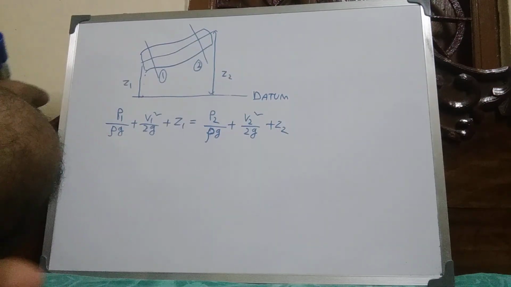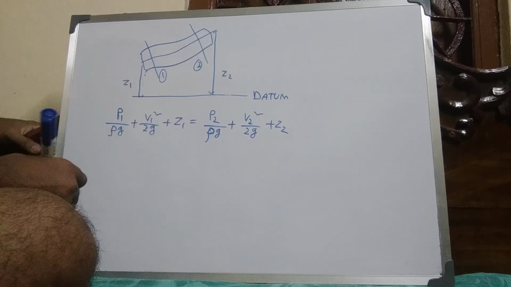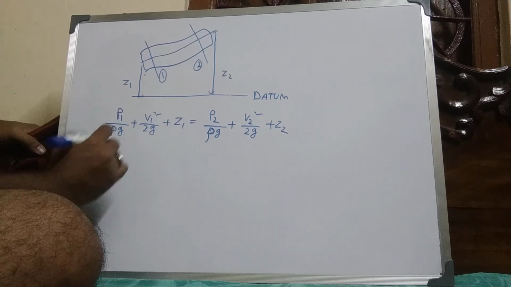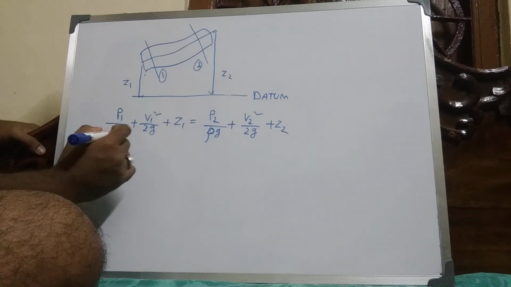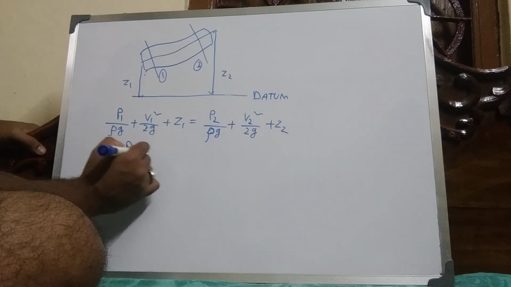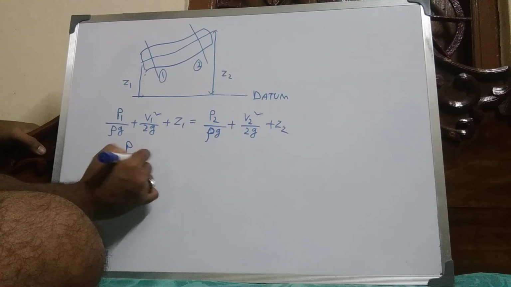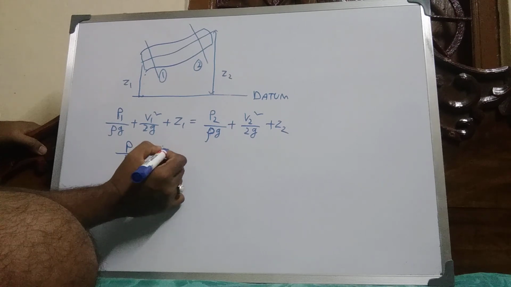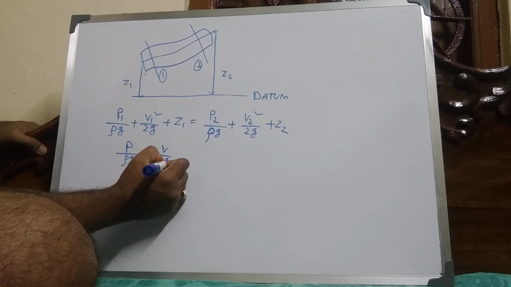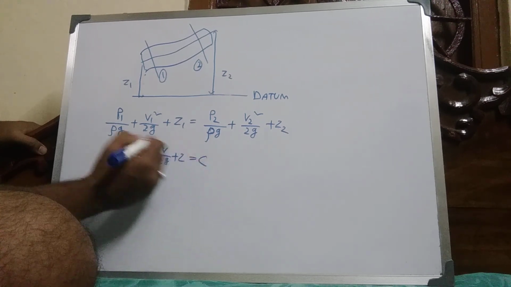This is the Bernoulli's equation between two sections. For a streamline the equation is p by rho g plus v square by 2g plus z equal to constant C.